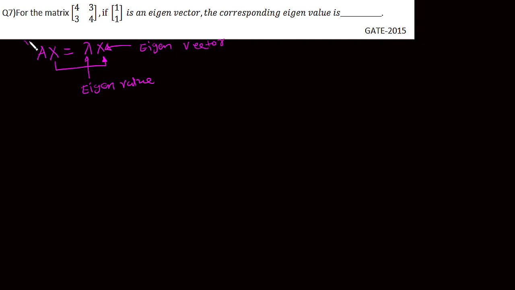If this condition is satisfied by a matrix and vector, then we can say this vector is an eigenvector and this value is an eigenvalue of this matrix A. Here A is the matrix.